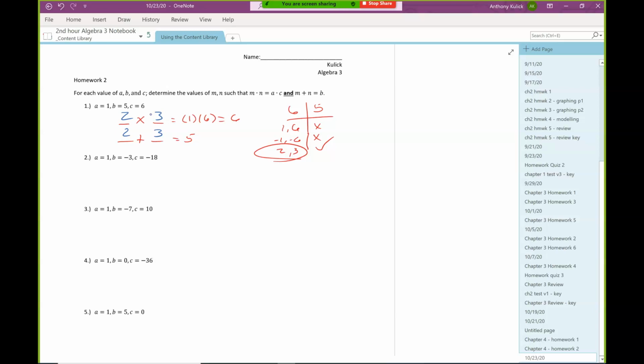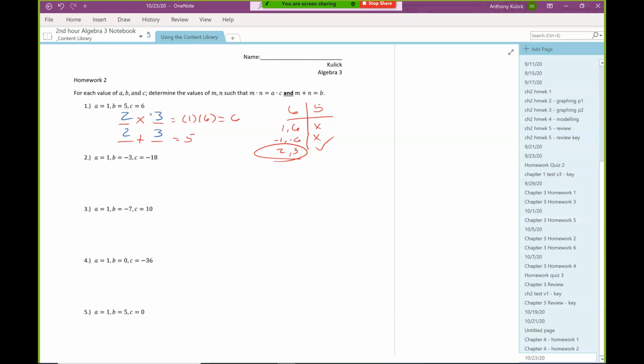Like 2 times 3 is something we should remember from our times table. Now we're going in the reverse direction, thinking about what multiplies to give us 6. But to find those things, you would be using that times table memorization that you did way back in elementary school.